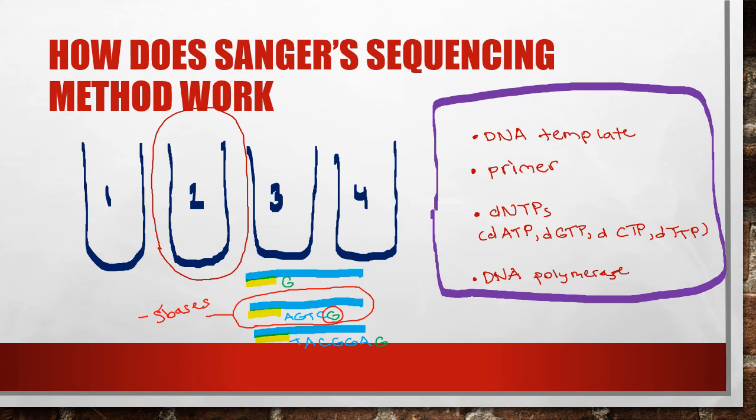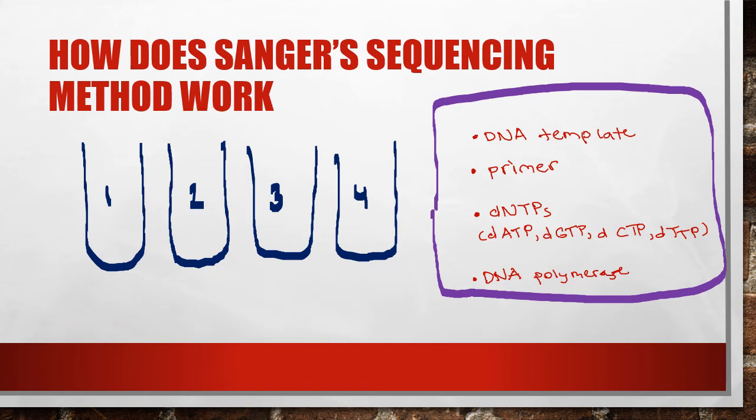Since this is 5 bases long, we know that guanine is located on the 5th base. This same process is repeated for all the 4 test tubes and will later be used in electrophoresis.